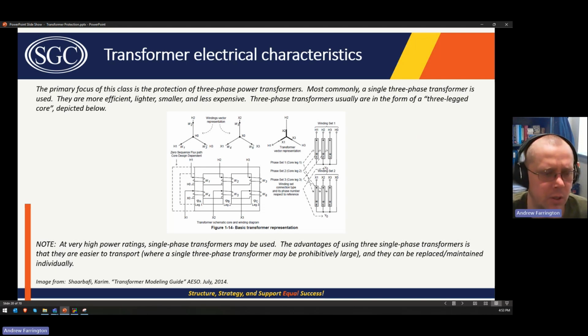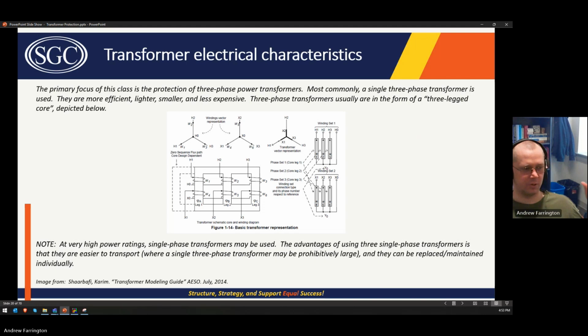They're cheaper. There is an instance where you may run into single-phase transformers that are newer, like if they're trying to replace something that has been in service for a while, and that's at really big power transformer ranges.